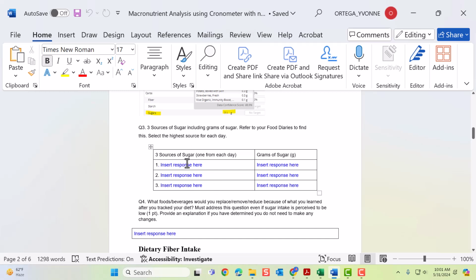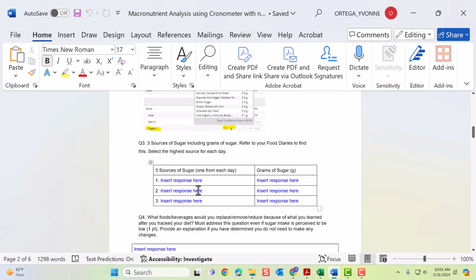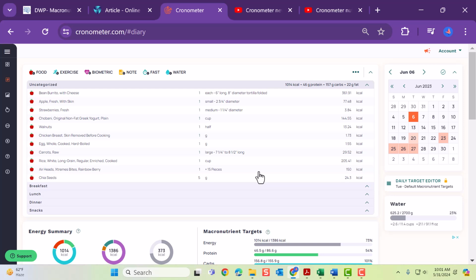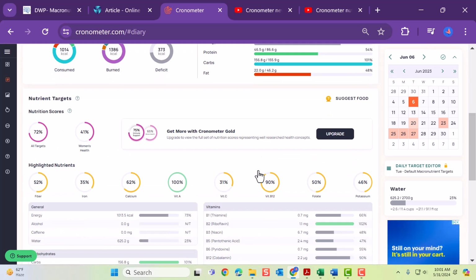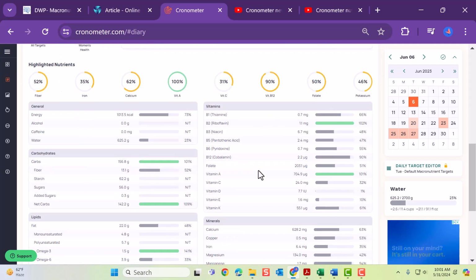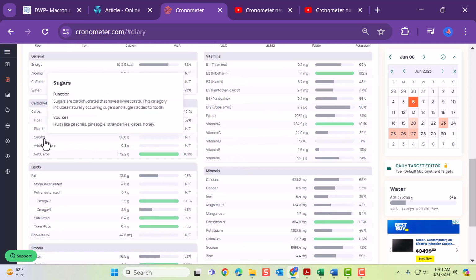But let me show you how to use your food diaries to find sources of the nutrients, or in this case, sugar, an ingredient, and the amounts that are in the foods that you ate. Okay, so this will take us back to Chronometer. So you're logged into Chronometer and you could see a food diary. We're going to use the same 3 days and you're going to look and see the sugars.